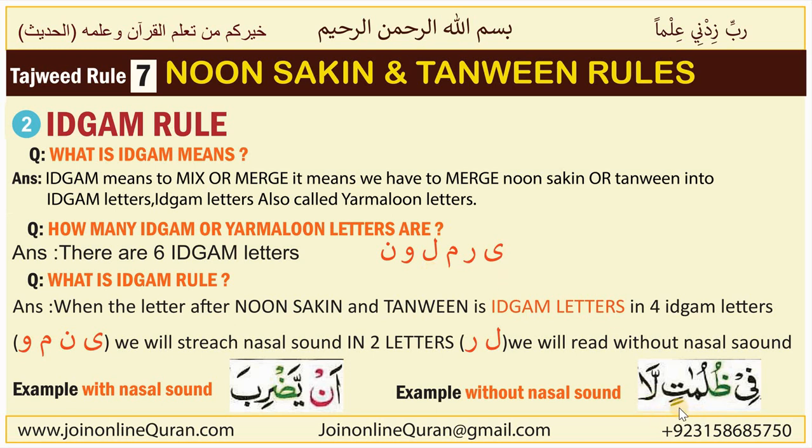We will mix this tanween into lam, and here we will also mix this noon with this ya. Okay, so now you got it. What's the purpose of the idgham rule? You just mix or merge noon sakin and tanween into yarmaloon letters.